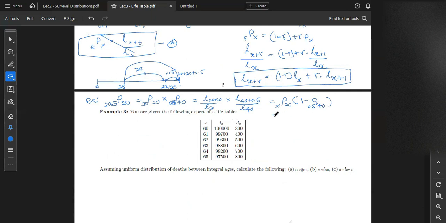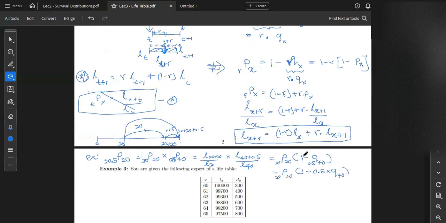And then we can apply the equation, which is 0.5 times the death probability for the entire year.